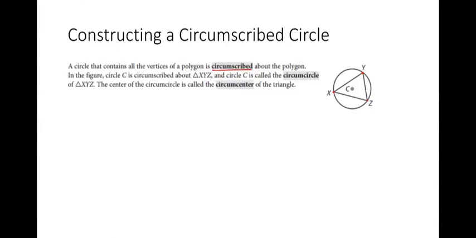So, if we look here, a circumcircle is basically a circle that contains all those vertices, and its center is at point C, which is what we call the circumcenter of the triangle in the first place.